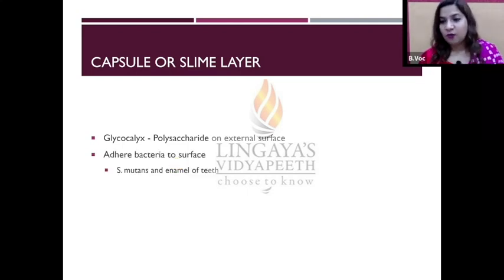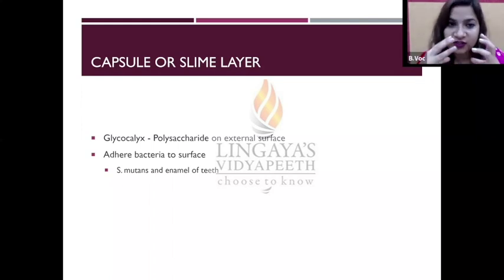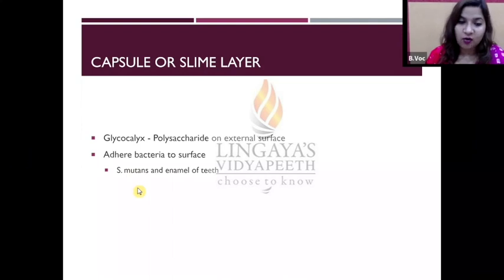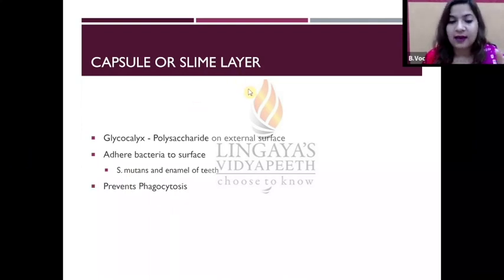It will provide the adherence to the bacteria, and the antibiotics or antibacterial things will not be able to enter into the cell wall easily because of the presence of capsule or slime layer on it. The capsule or slime layer is made up of the glycocalyx or the polysaccharide on its external surface.